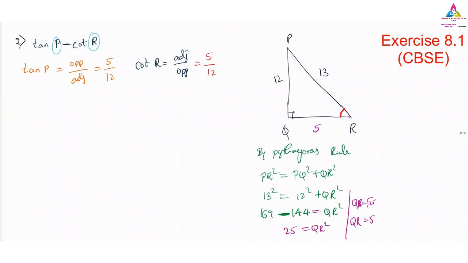Now we have to move on to the question. Tan P minus cot R is equals to, tan P value is 5 by 12 and cot R value is also 5 by 12. So what is 5 by 12 minus 5 by 12?